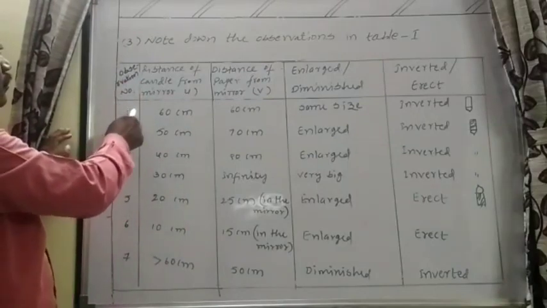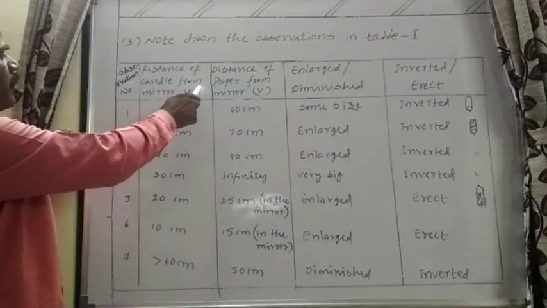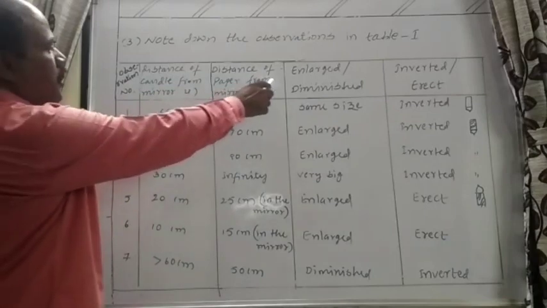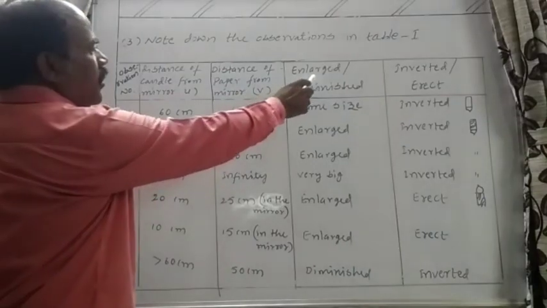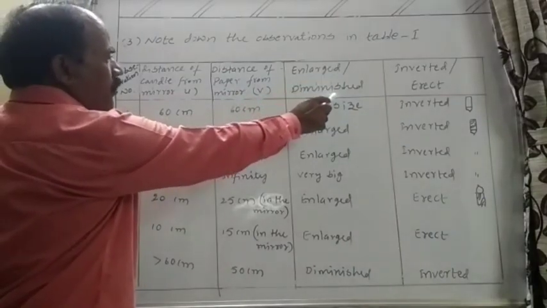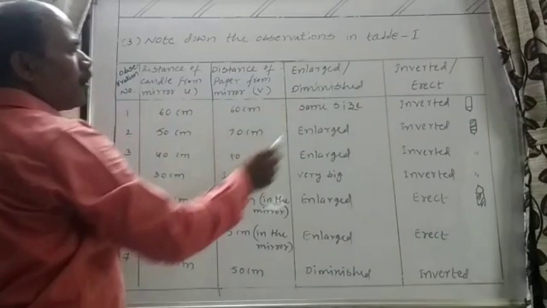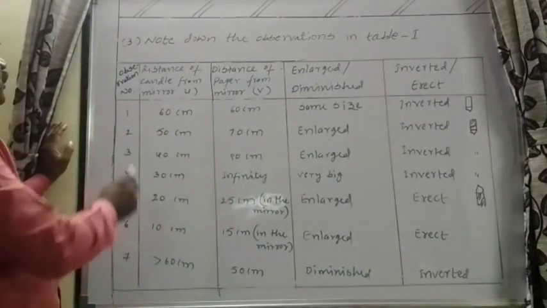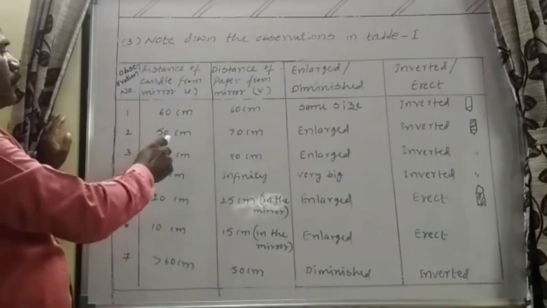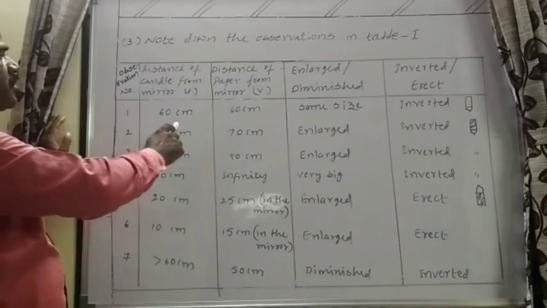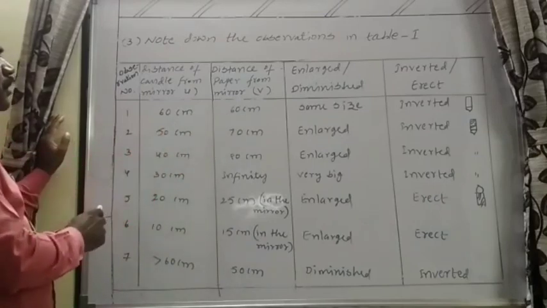Observation number, distance of candle from mirror, distance of paper from mirror V, enlarged or diminished, inverted or erect. Number 1, the candle is kept at a distance of 60 centimeter.